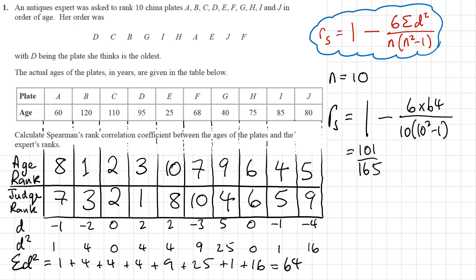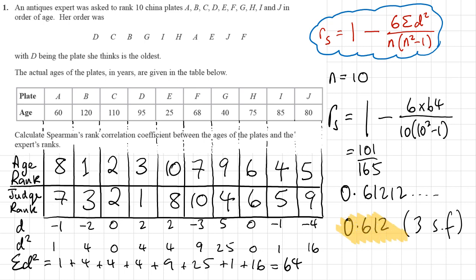I want to give that as a decimal, so 0.61212 recurring. So let's give it to 3 significant figures: 0.612. So it looks like there's a fairly strongish positive correlation between the judges' ranks and the actual rank of the age of the plates.